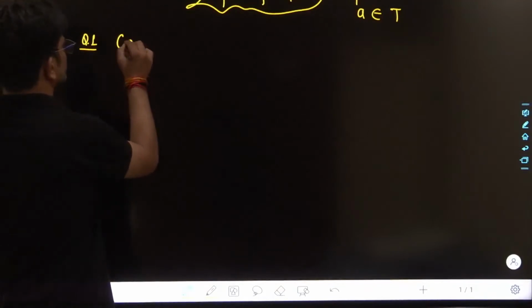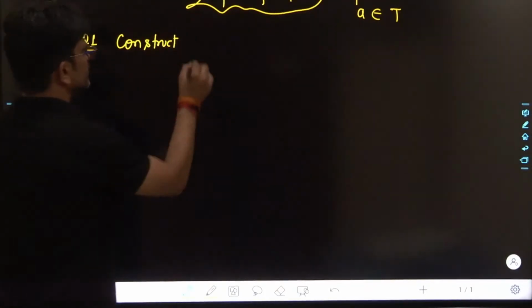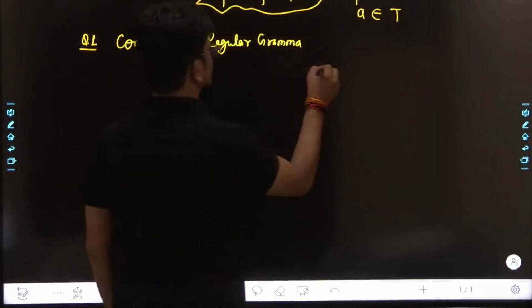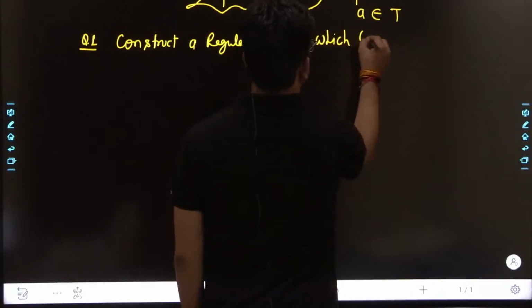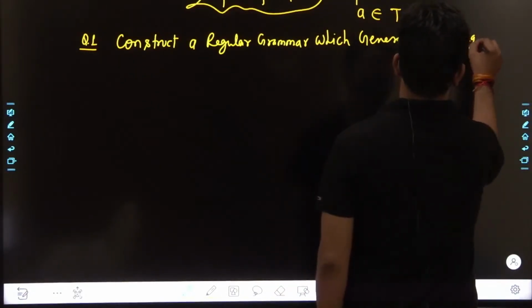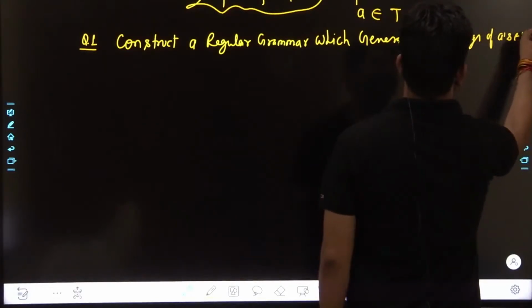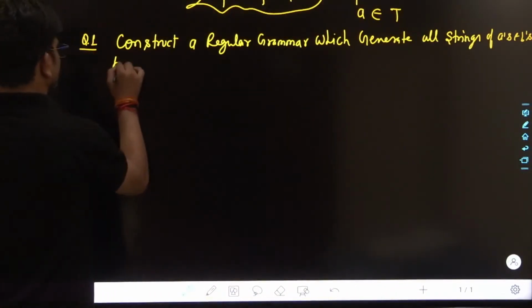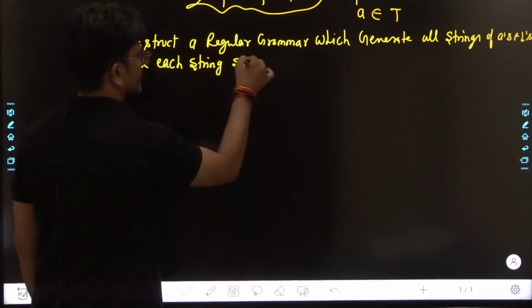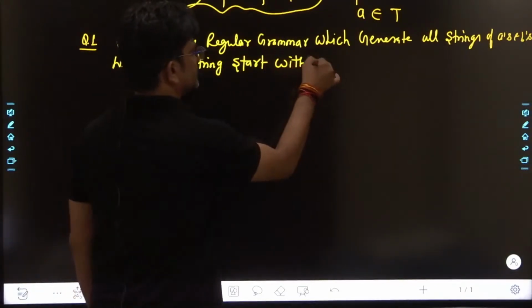Construct a regular grammar which generates all strings of a's and b's where each string starts with a.